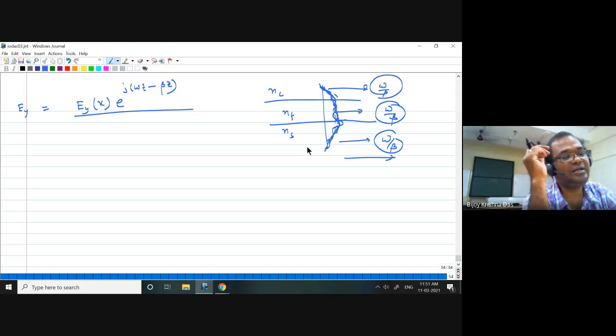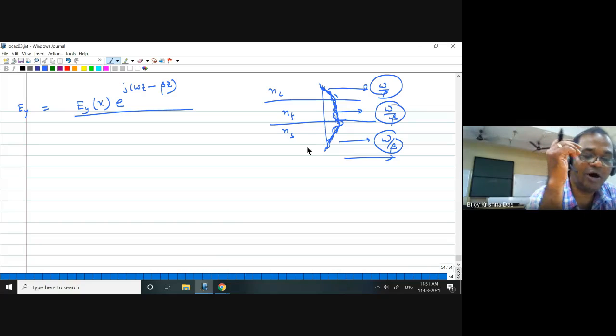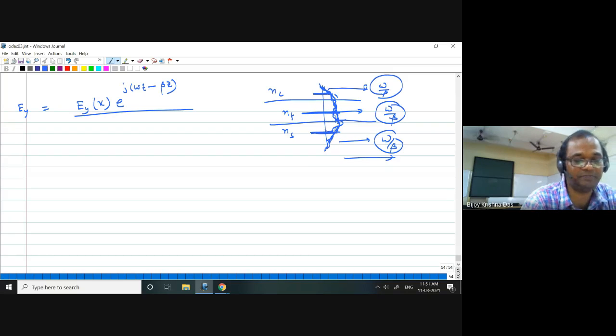If this field is oscillating back and forth, plus to minus, at a certain frequency, this also will be oscillating plus and minus at the same frequency, and this also will be oscillating at the same frequency.